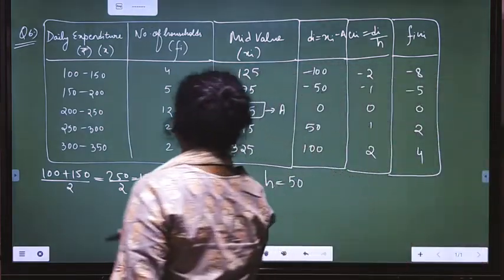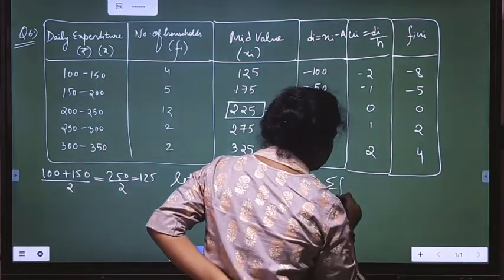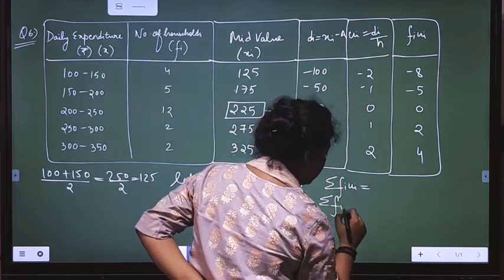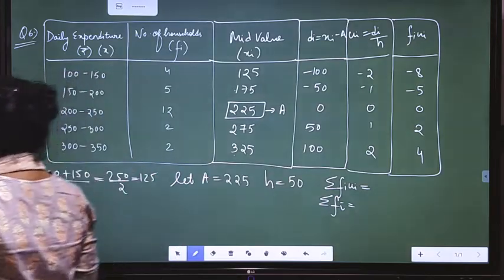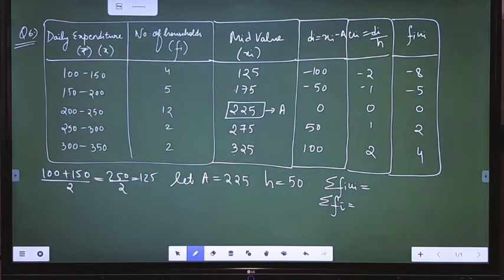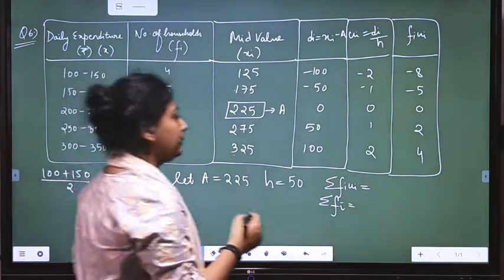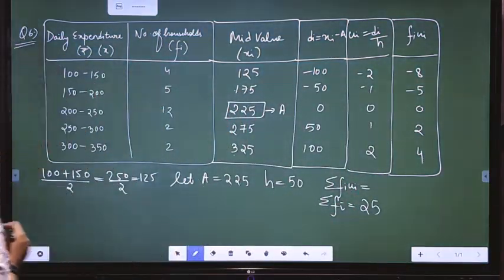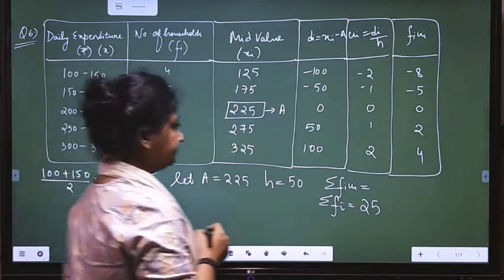Now, we have to find summation fi ui. Also, we have to find summation fi. Summation fi is equal to 25 and summation fi ui is minus 7.